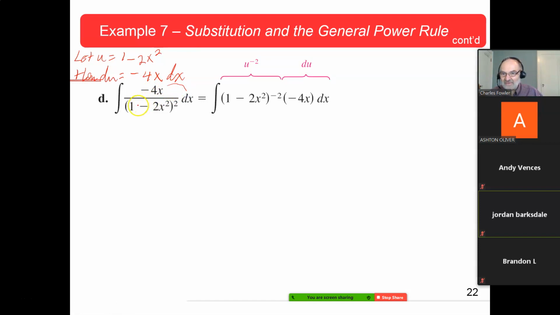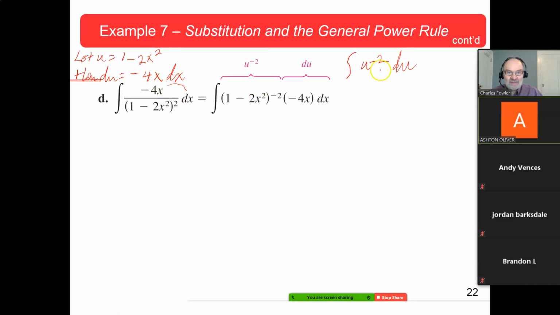There you have the du over u squared, which would be u to the minus 2. That's how I would express it, so I'm going to write it that way. The integral of u to the minus 2 du, because this is the du part right here.